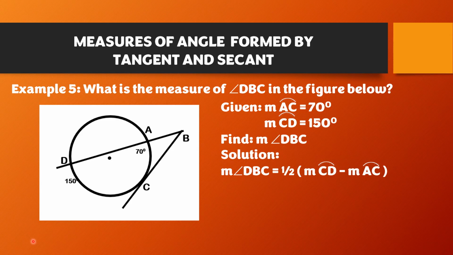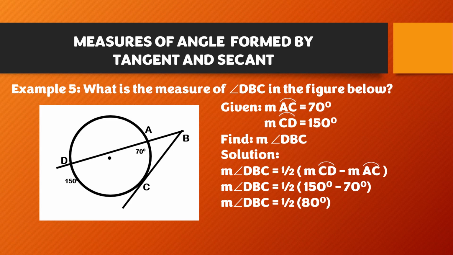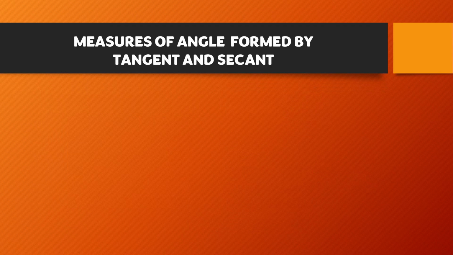Next, we're going to simplify 150 degrees minus 70 degrees is equal to 80 degrees. Then the half of 80 degrees is 40 degrees. So therefore, the measure of angle DBC is 40 degrees.